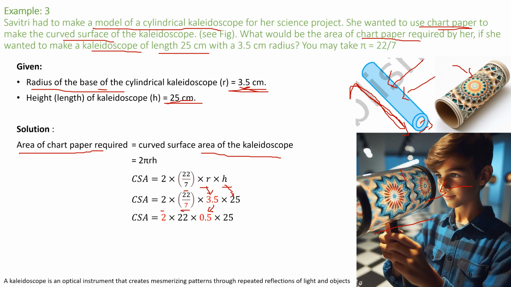Now 2 into 0.5, 0.5 is half, right? 2 into half, how much? 1. I can ignore them. So what is the next one? 22 into 25. If you multiply them properly, you get 550 centimeter square, and this is the curved surface area of the cylinder. And she needs this much paper, the paper of this much area.